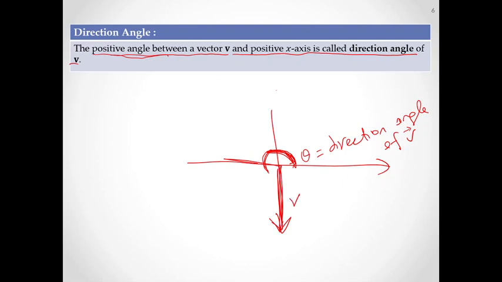The vector can also be on the y-axis, so this theta, 270, will be the direction angle. Or if v is here, theta will be this angle. So theta will be the direction angle of v.